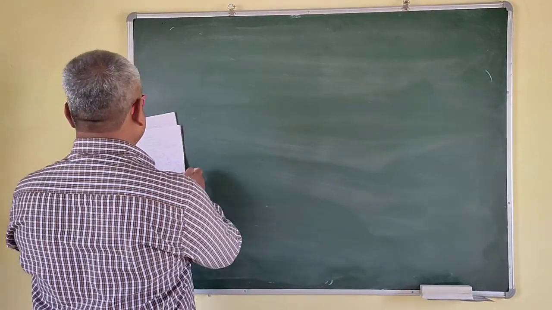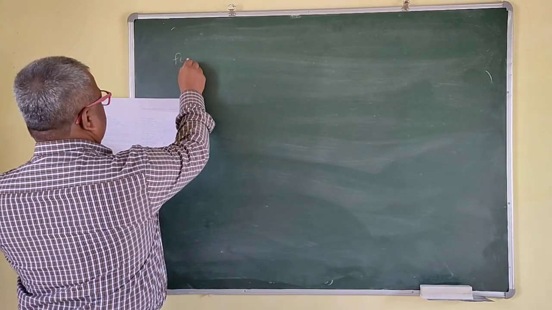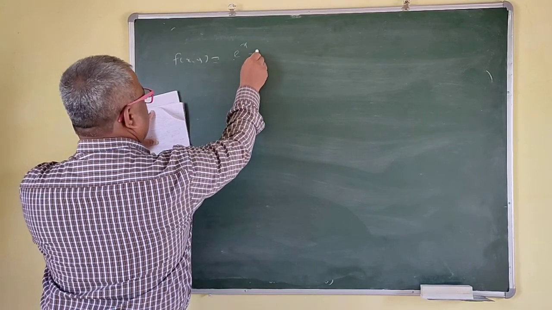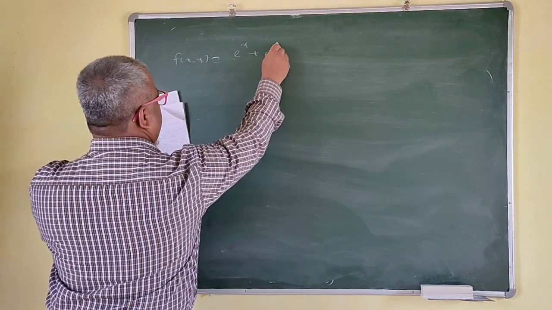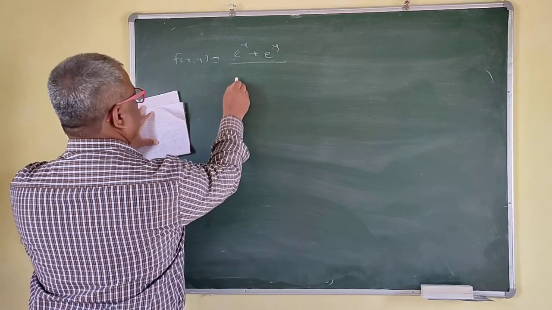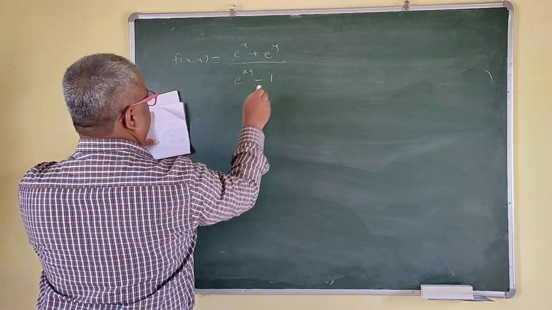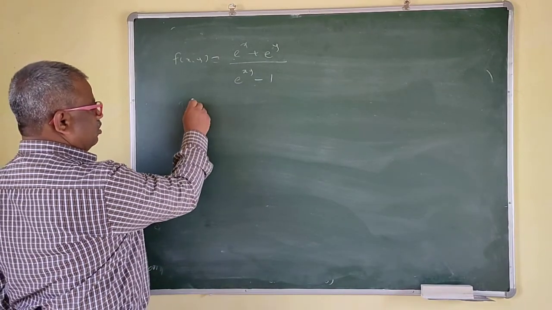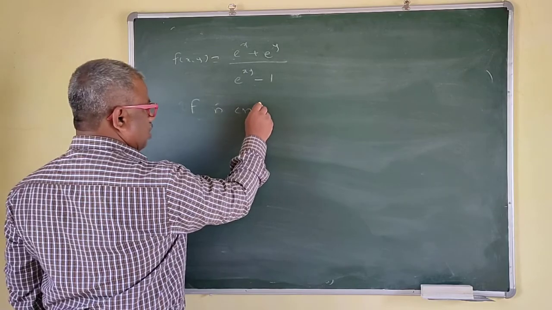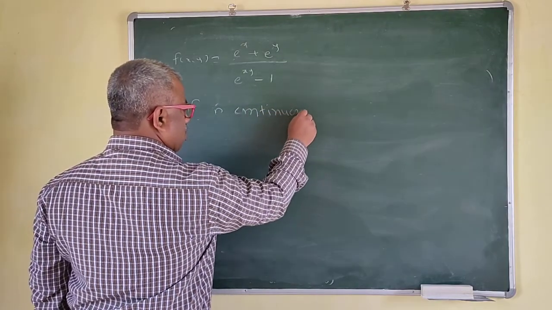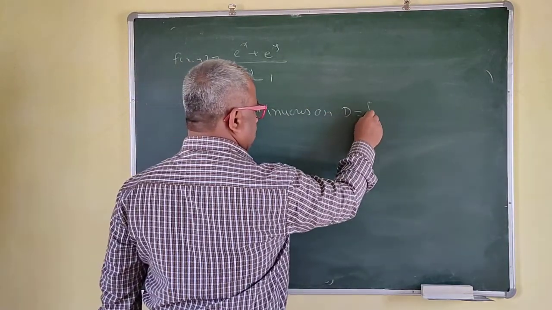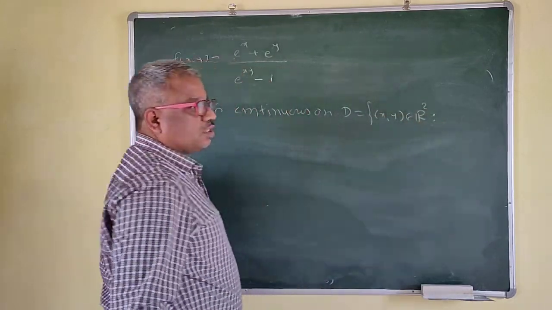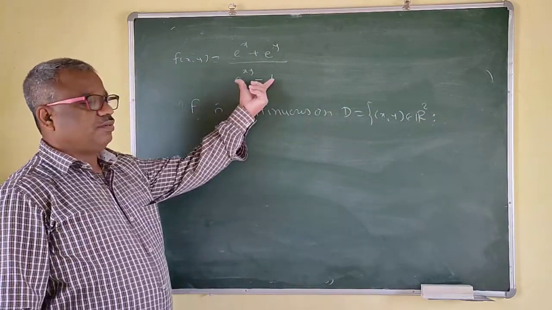Now next example, f(x, y) = (e^x + e^y)/(e^(xy) − 1). So f is continuous on D = {(x, y) belong to R² such that your denominator not equal to 0}.